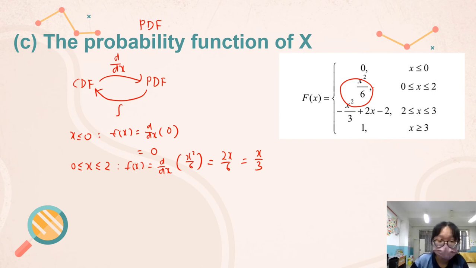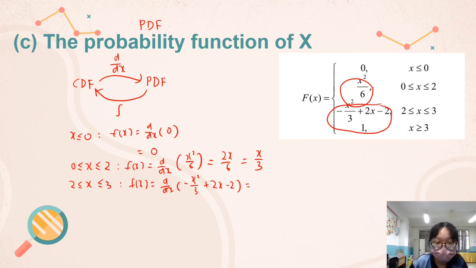And then if x is between 2 and 3, we differentiate the third function, which is negative x squared over 3 plus 2x minus 2. After differentiating, we get negative 2x over 3 plus 2. And finally, if x is larger than or equal to 3, we differentiate 1, so it equals 0.